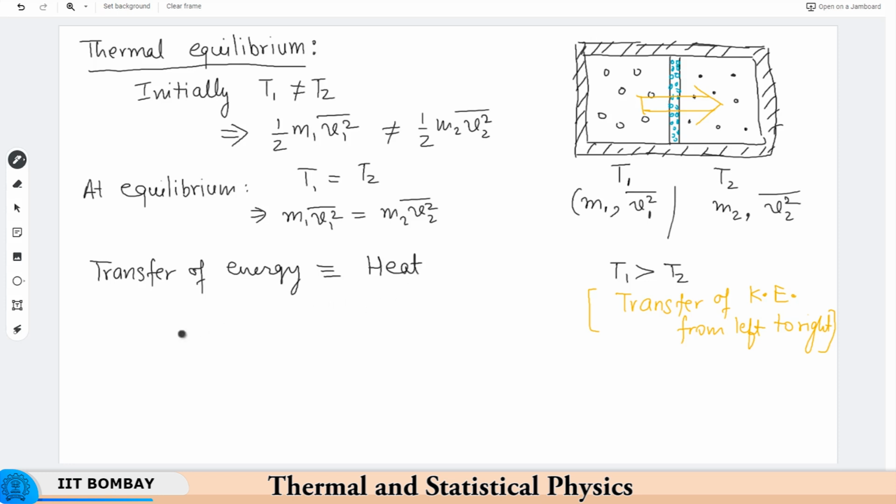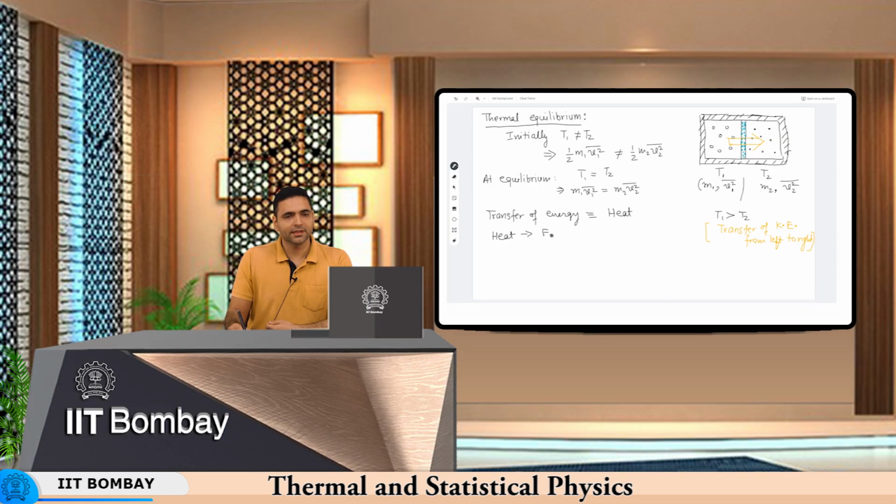And what is the simplest definition of heat? Heat is energy in transit, okay. So, when kinetic energy or energy is transitioning from one point to the other, there is a flow of net energy, and that flow is known as heat, okay.